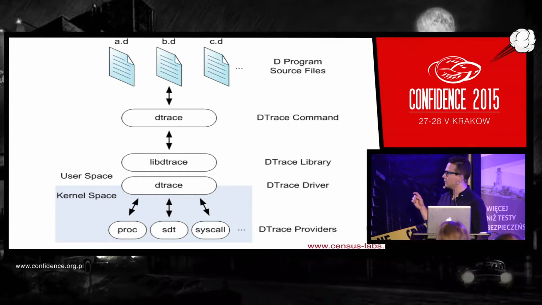And that makes the DIF, which actually parses the script. The DIF is made by libdtrace, which is still in user space, but it sends the objects into kernel land for the DTrace driver to actually schedule stuff for the DTrace providers.